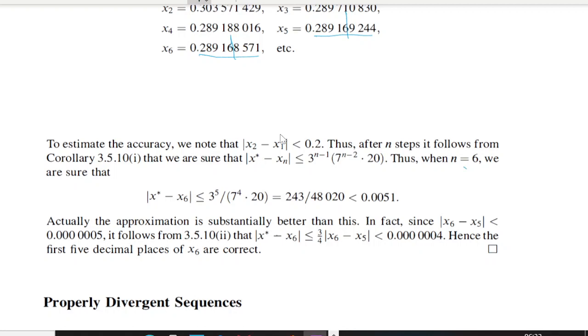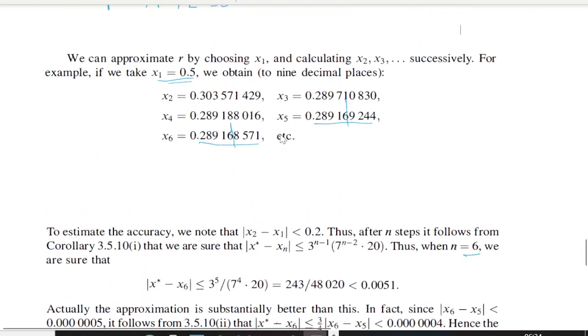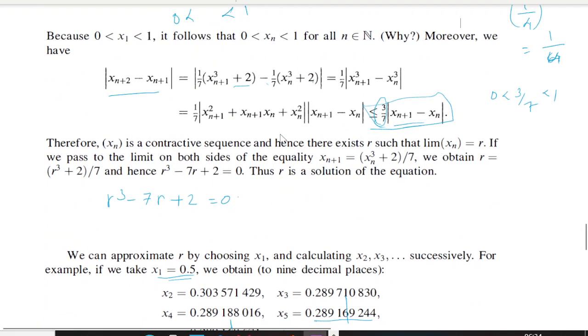Thus, when n equals 6, we are sure that this value is 3 by 7 into something. I'm telling about this value.